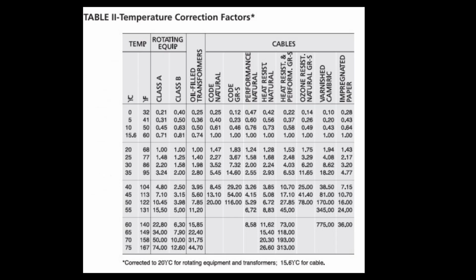The table provides temperature correction factors to adjust insulation resistance values to a base temperature of 20 degrees Celsius. For example, if an oil-filled transformer has an insulation resistance of 6 gigaohms at 35 degrees Celsius, you can use a correction factor of 2.80 to convert it to the equivalent resistance at 20 degrees Celsius. This results in 16.8 gigaohms.